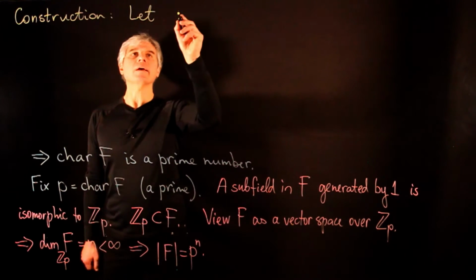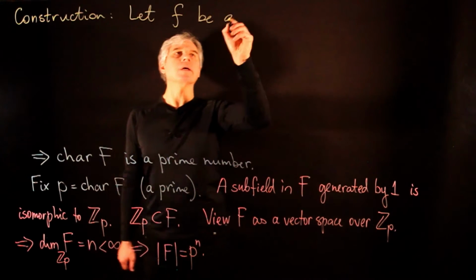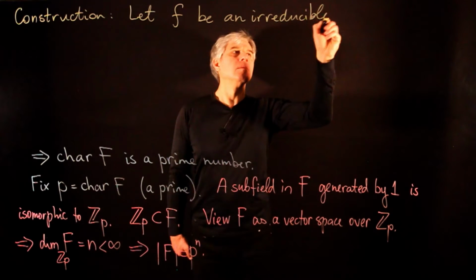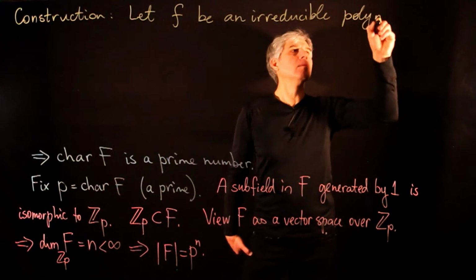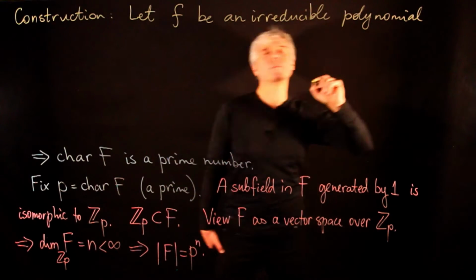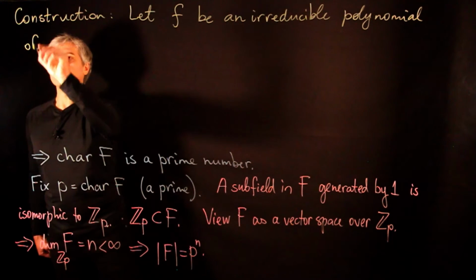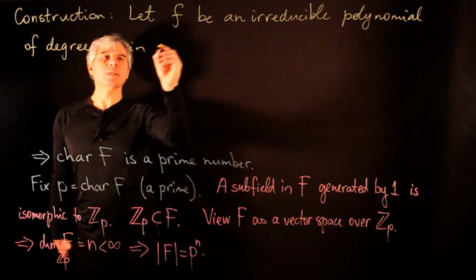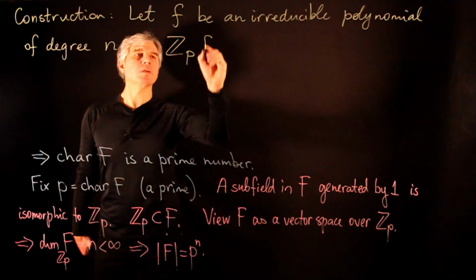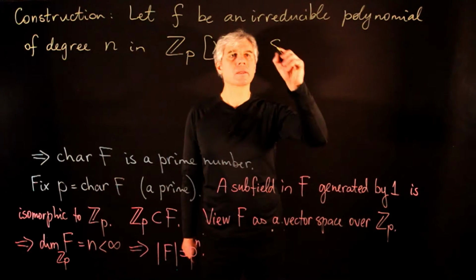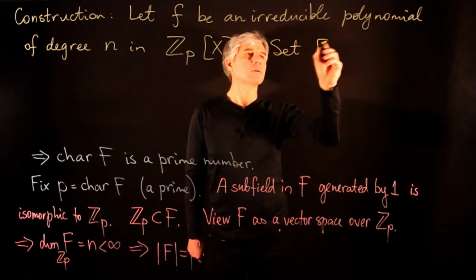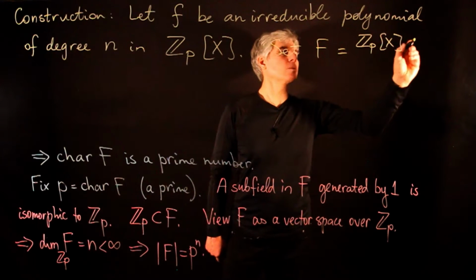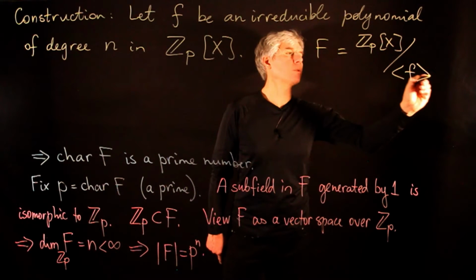Let f be an irreducible polynomial of degree n in the ring of polynomials with coefficients in Zp. And we set F to be Zp[x] quotient by the ideal generated by polynomial f.